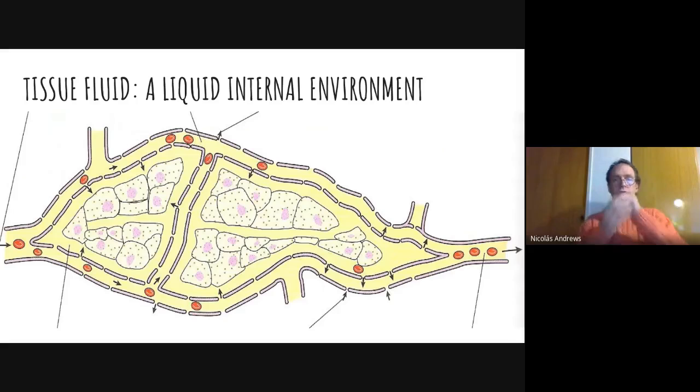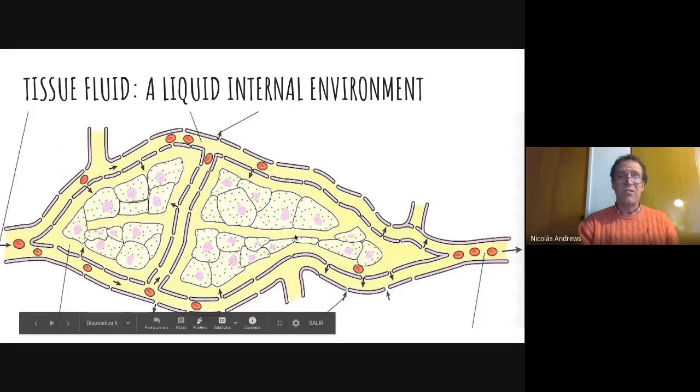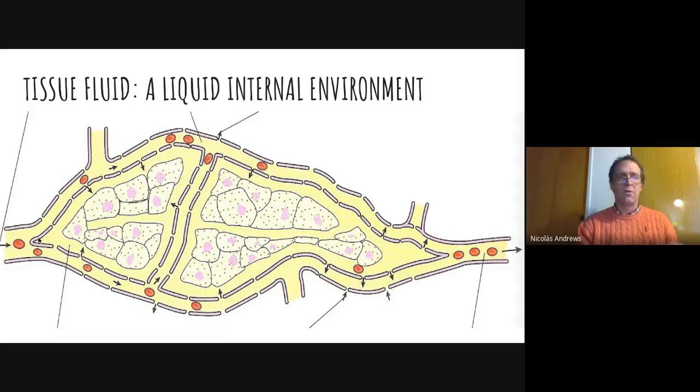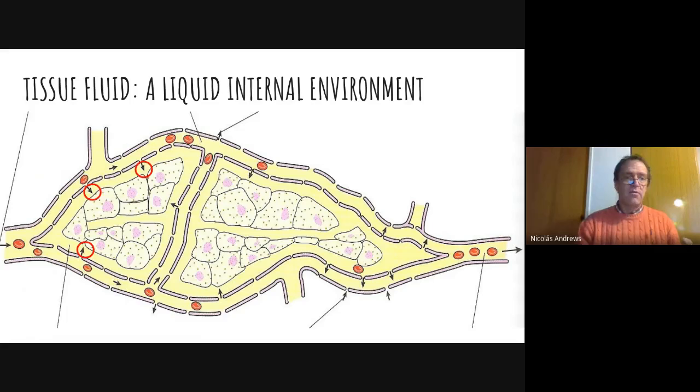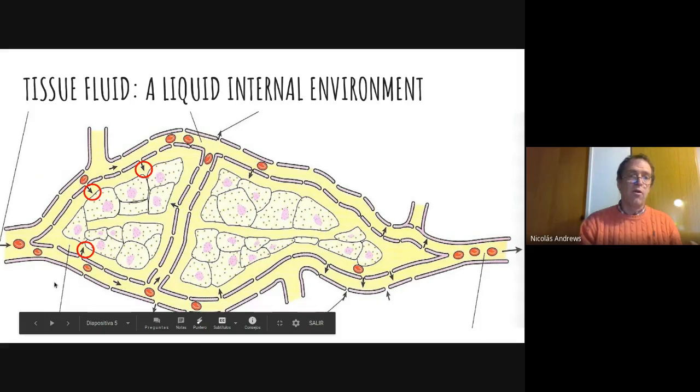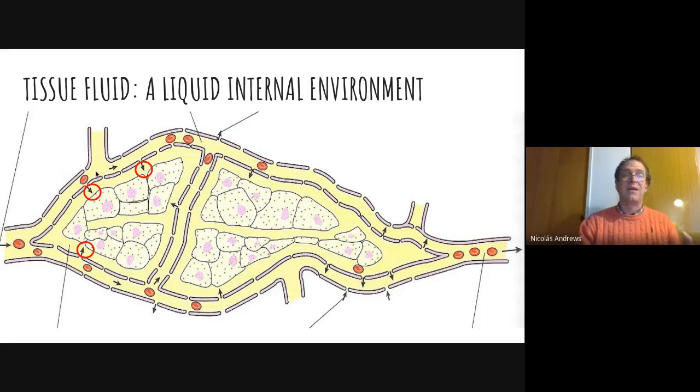back to the scheme of the capillary network, okay, in a tissue. Remember, this represents any of the tissues in the body and the capillary network running through them. We must remember that capillaries have got gaps, and that the arterioles bring this blood at a high pressure.